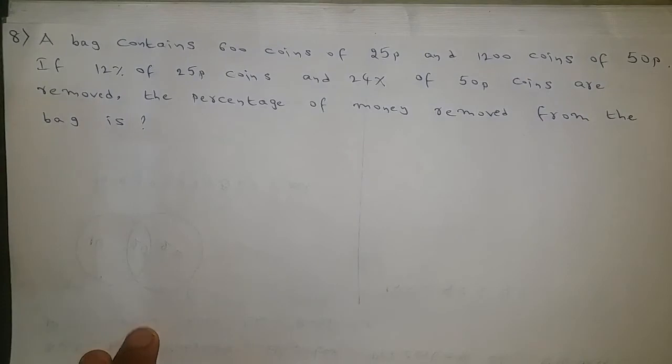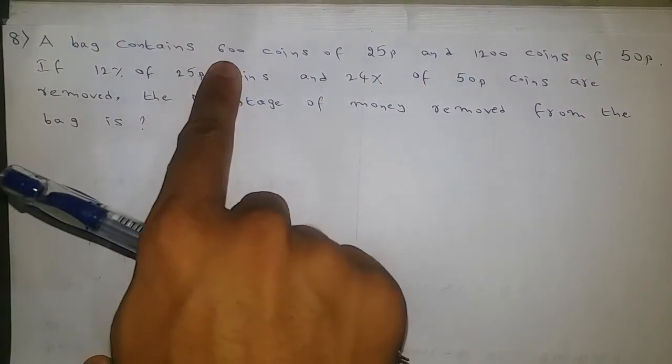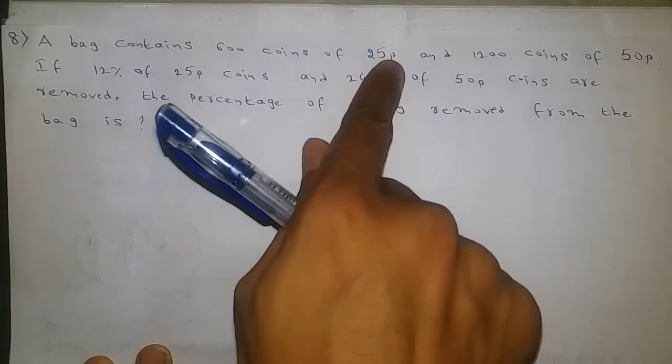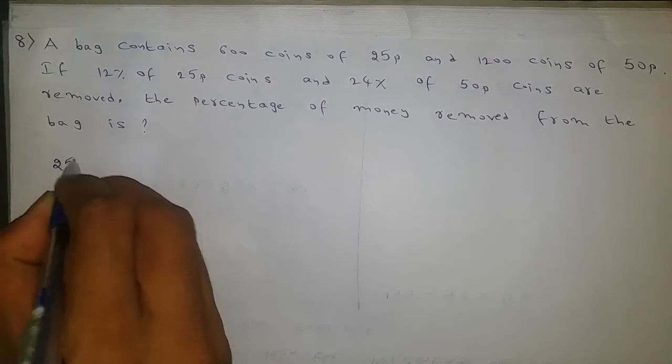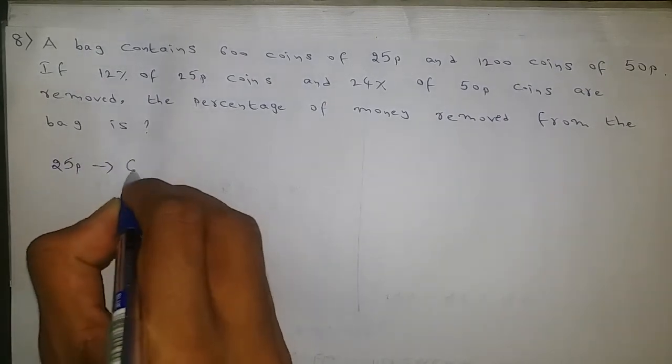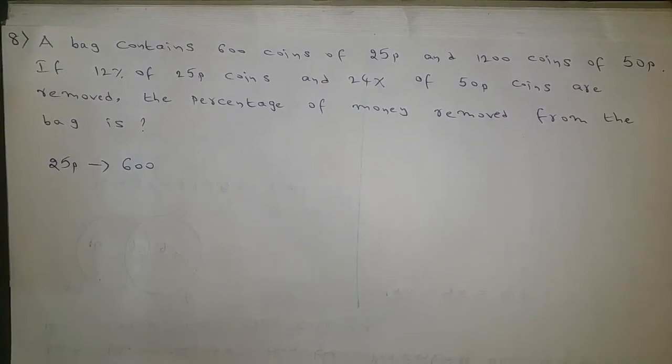Okay, the next question is, a bag contains 600 coins of 25 paisa. 25 paisa coins are 600 in number. So let us check what is the total amount of that.